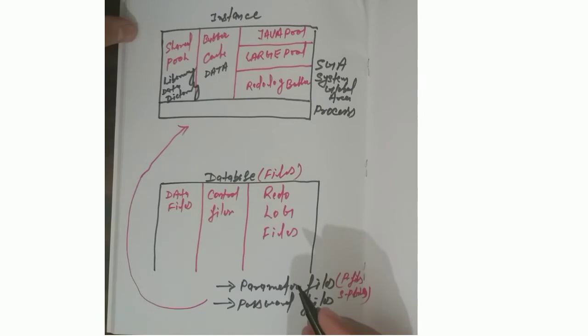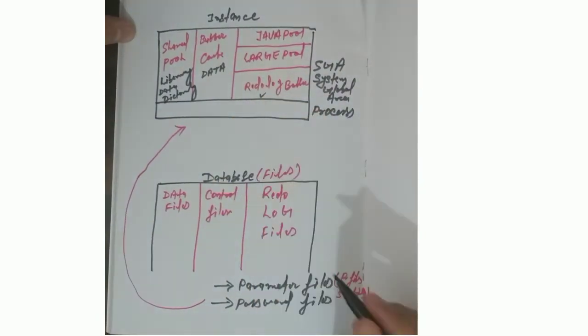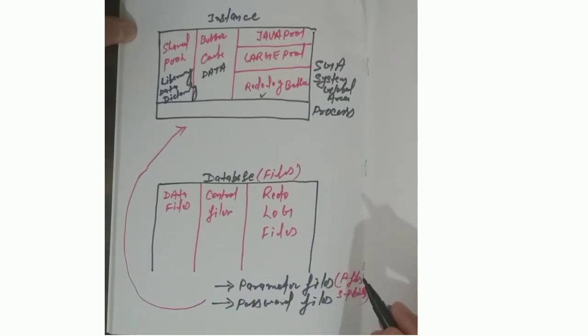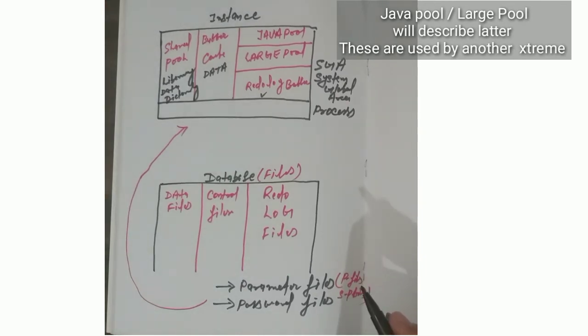And for the redo log buffer, whenever you make a change to data, an entry is written in the redo log buffer. So these are the components of the Oracle instance.